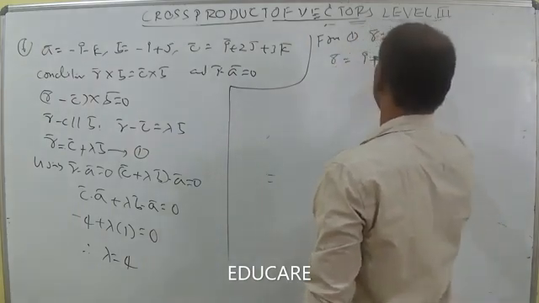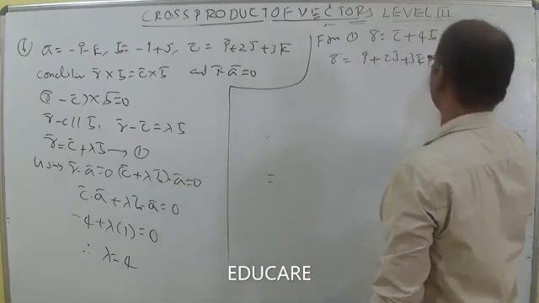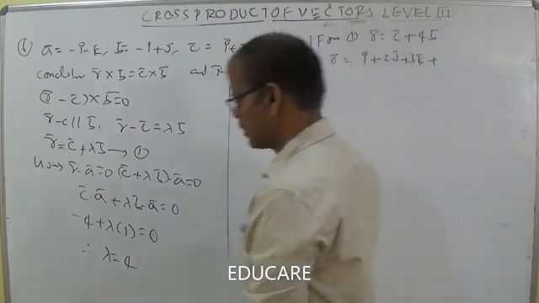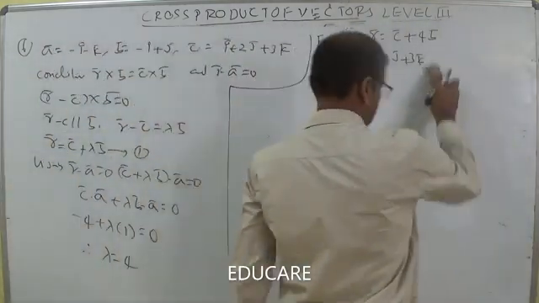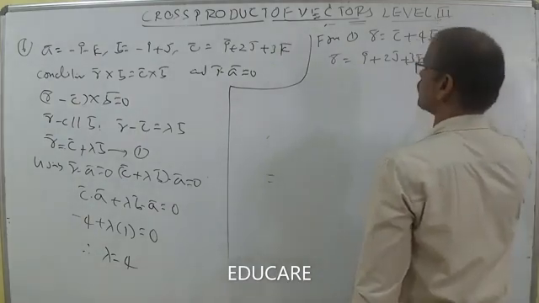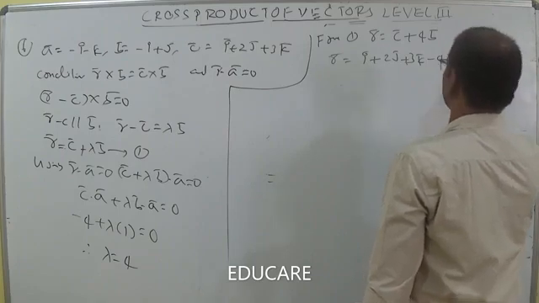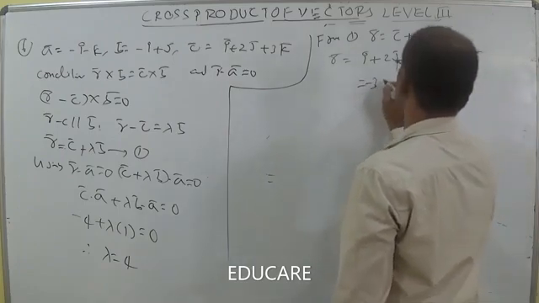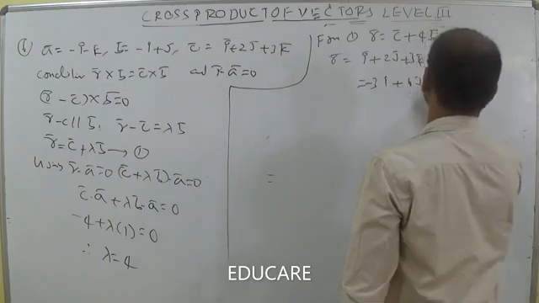C bar means I plus 2J plus 3K, plus 4B means minus 4I plus 4J. You can write here minus 3I plus 6J plus 3K.